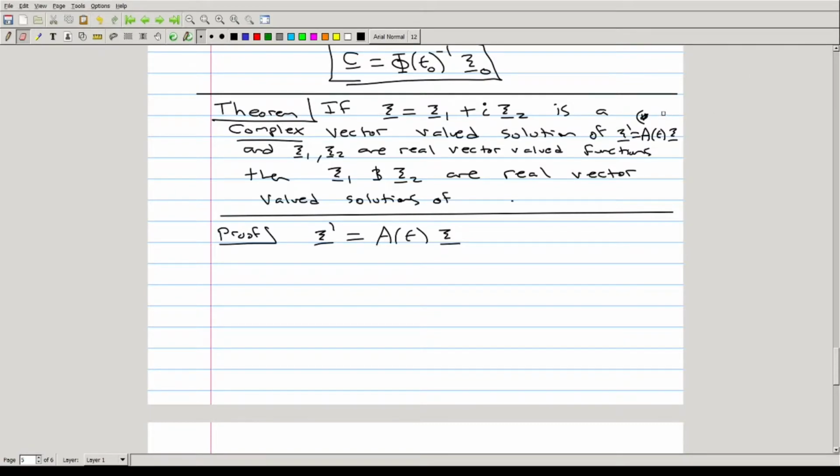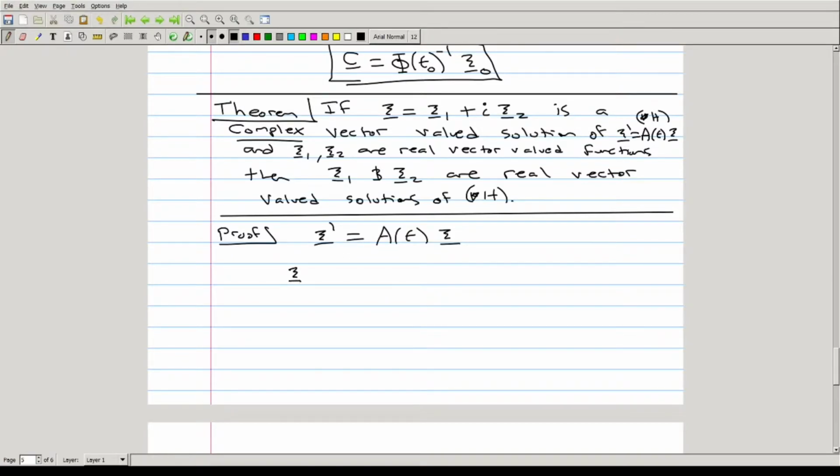So let's make that explicit here, that A of T could also depend on T. So if xi prime equals A of T times xi, we know that xi is this complex vector valued function, where xi1 and xi2 are real vector valued functions.